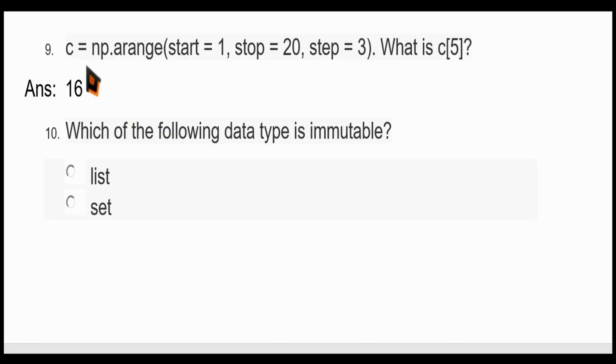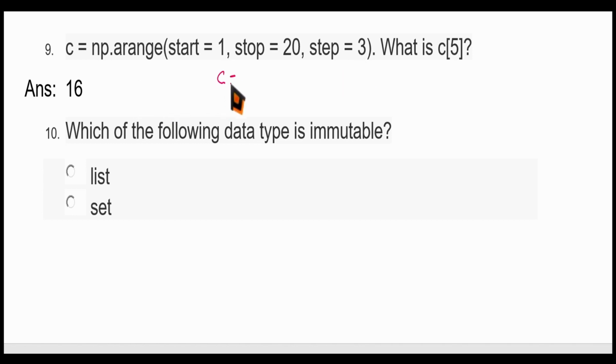Now you see the next question. C is equal to np arange. Arange means it will create an array starting from 1 and the end value is 20. That means 20 will not be counted. We have to count only up to 19 and step is 3. So let us create the array first.